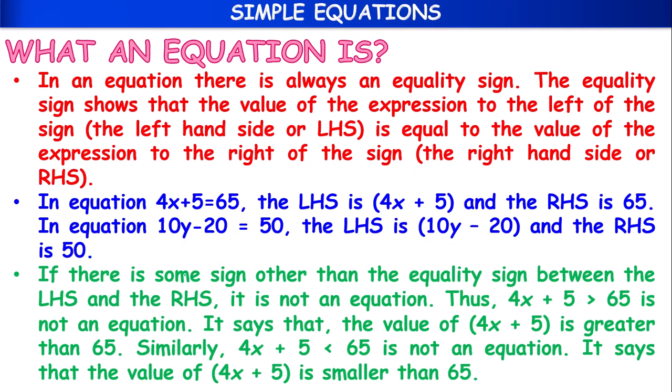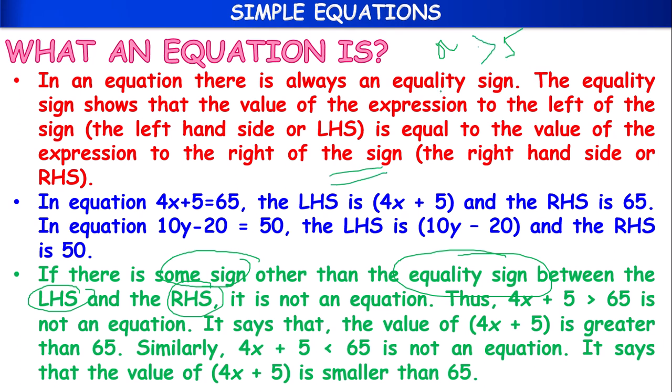Suppose there is some sign other than the equality sign between LHS and RHS. Suppose LHS is x, RHS is 5, and instead of the equality sign there is some other sign like x greater than 5 or x less than 5. Then this is not considered an equation.